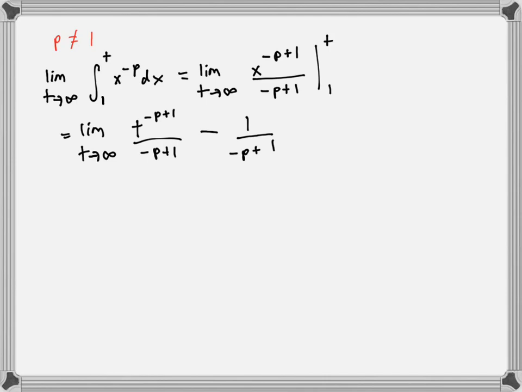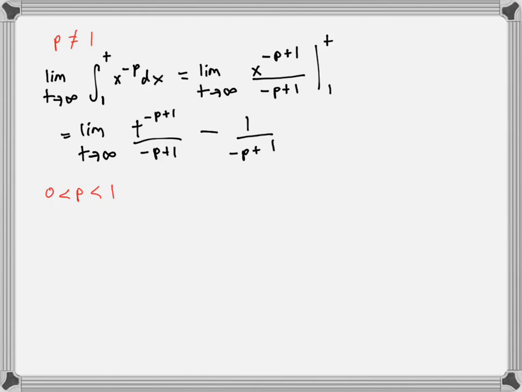So what does this integral equal? Well, 1 seems to be the cutoff here, right? So what if p is between 0 and 1? If p is between 0 and 1, then this guy is a positive power, right?